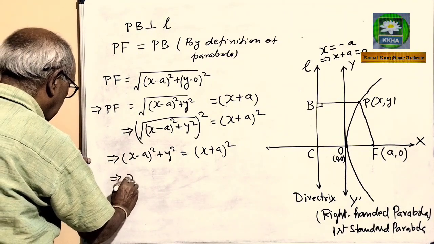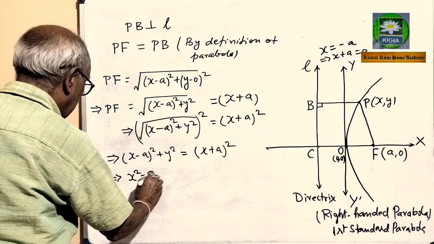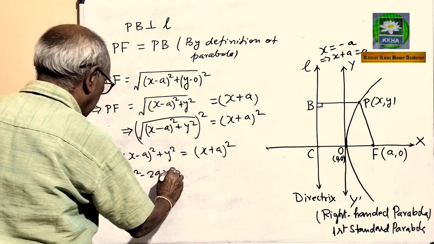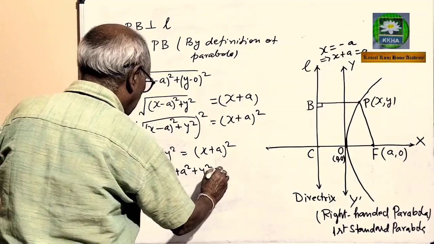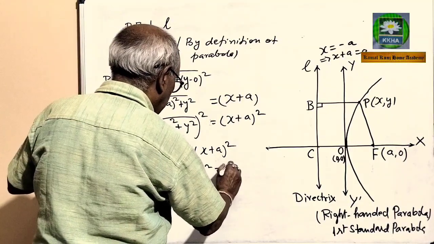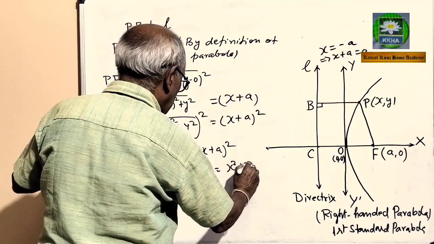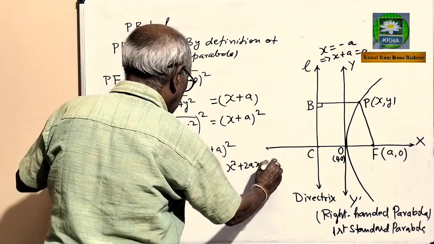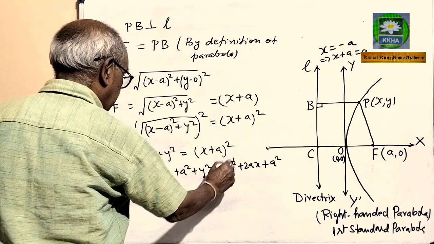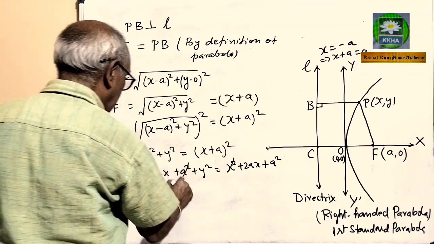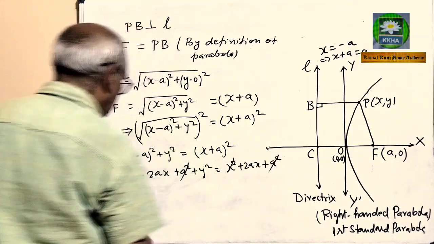This implies that x square minus twice ax plus a square plus y square equal to x square plus twice ax plus a square. So x square cancelled, a square and a square cancelled.